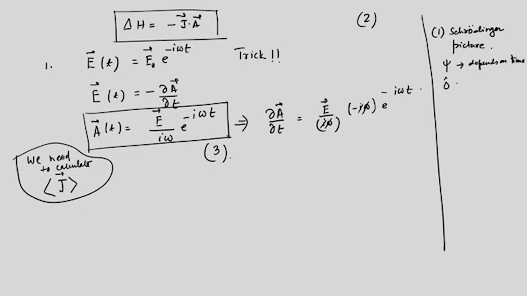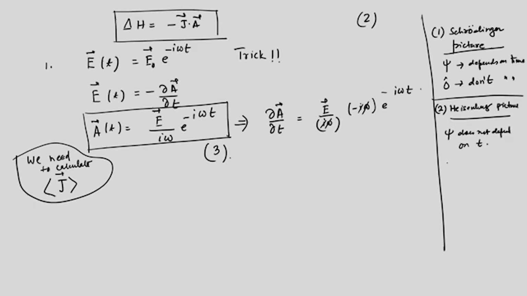So, let us call any operator O, it does not depend upon time. Okay. So, this is the Schrodinger picture, and then we have the Heisenberg picture, where it is just the opposite, that is psi does not depend on time. However, the operators depend upon time, just the reverse scenario.